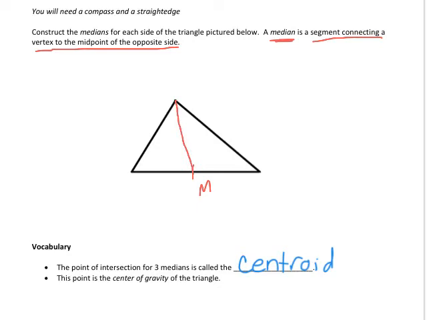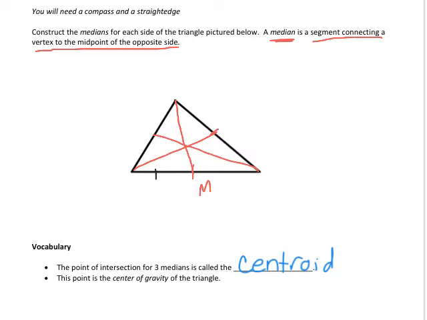We have to be careful not to confuse it with the circumcenter. If I find the midpoint of a side, it's more like here, and I'll use the perpendicular bisector construction to do that. The median goes from the vertex through there. And again, they are concurrent.